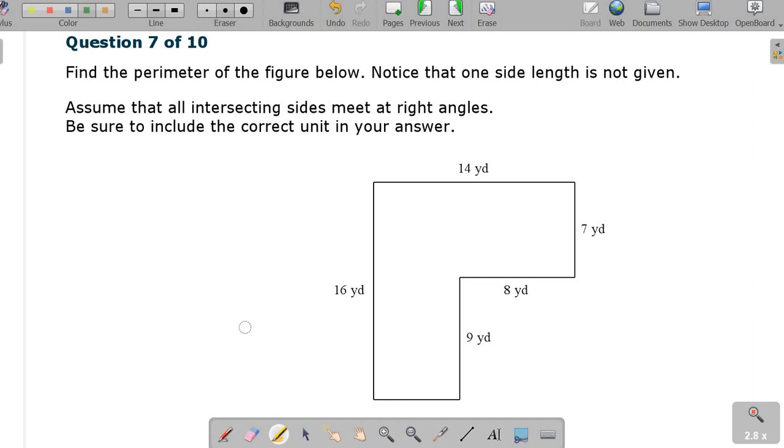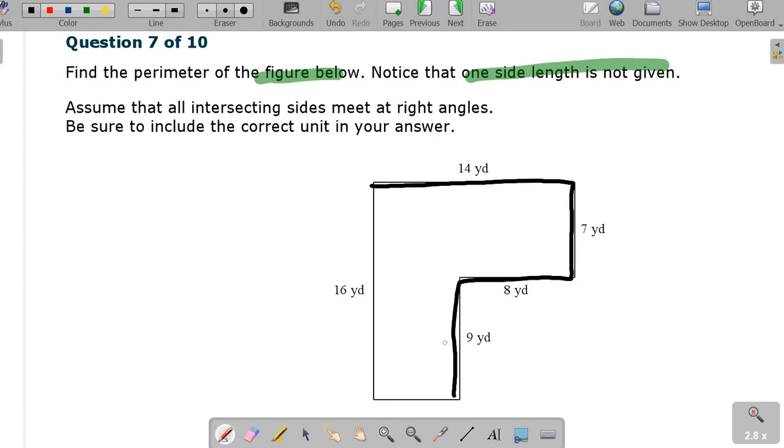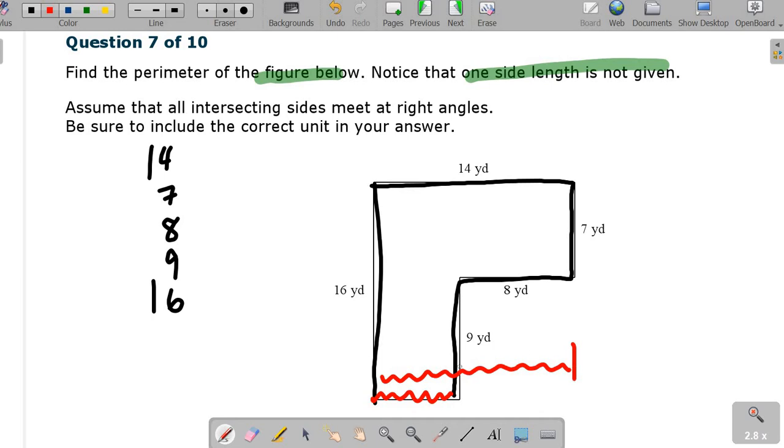It says find the perimeter. Notice that one side length is not given. So we're going to walk this around. Perimeter means to walk around, so we're going to add 14 plus 7 plus 8 plus 9 plus 16. And then we have this portion that we don't have, but if you look very carefully, we physically trace all the way across, and we can see that from here to here is 14.